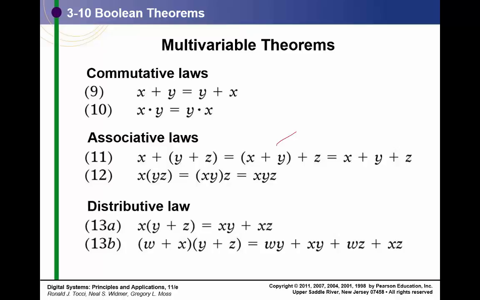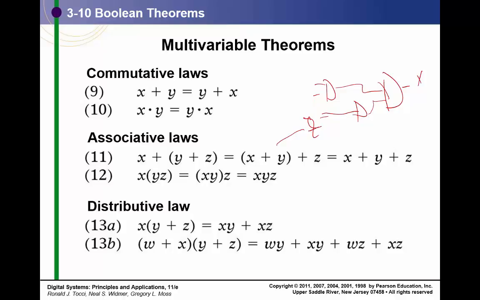What this says is that I've got 2 OR gates, with inputs A, B, C, and this is X, Y, Z. It doesn't matter whether I flip these around and change which ones I hook up.